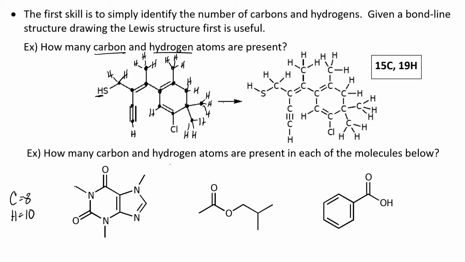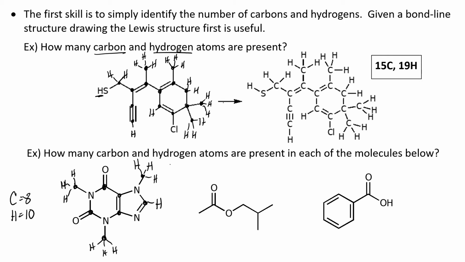For carbons, we have 1, 2, 3, 4, 5, 6, 7, 8. And we can draw our hydrogens in. 1, 2, 3, 4, 5, 6, 7, 8, 9, and 10.